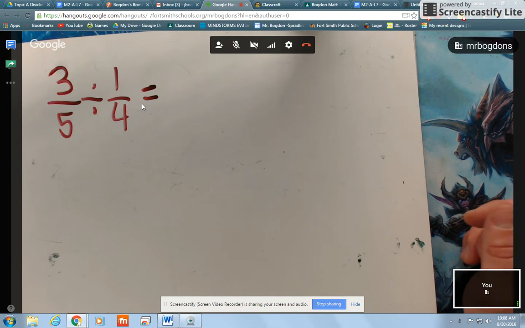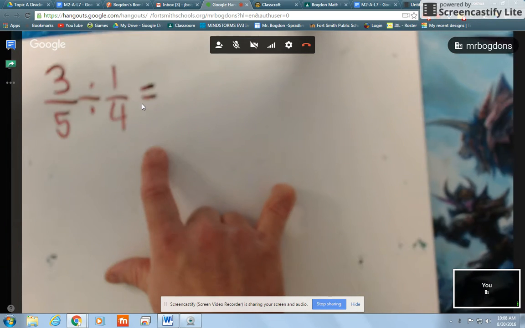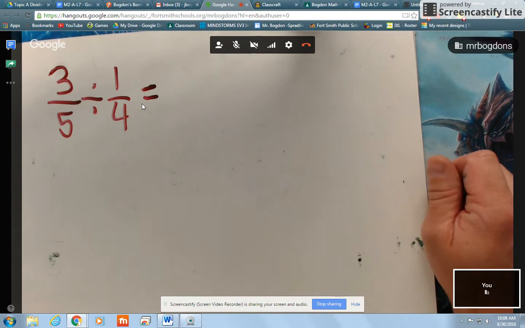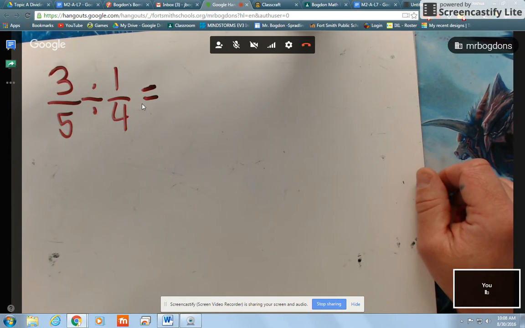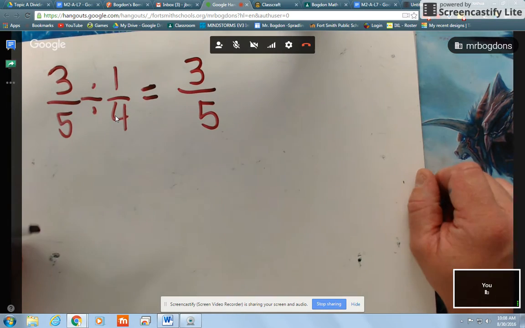So someone from table 1, if I'm going to keep, change, flip, what do I need to do? What do I need to keep, Brittany? The what? Caden, what am I keeping? Keeping the 3/5.